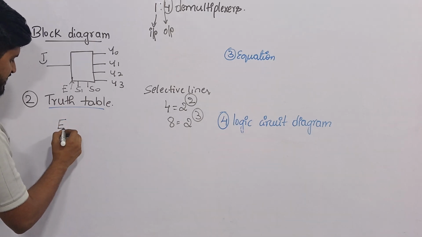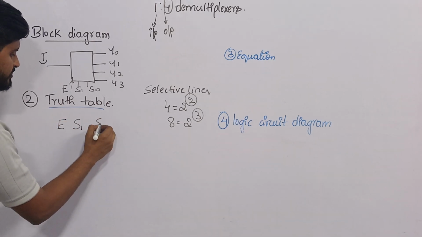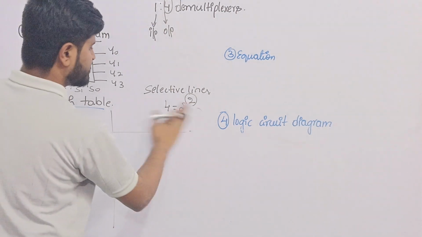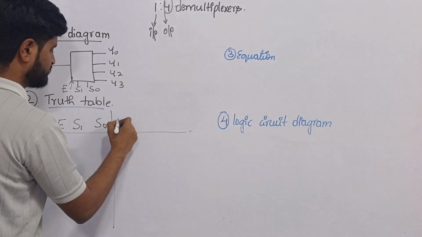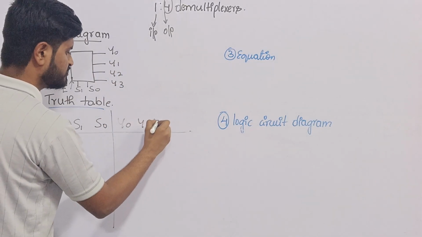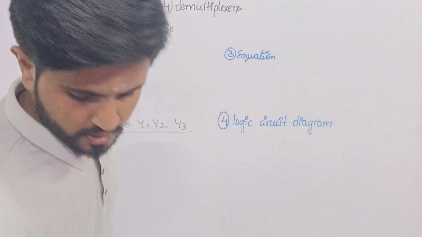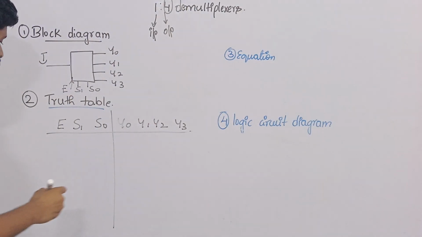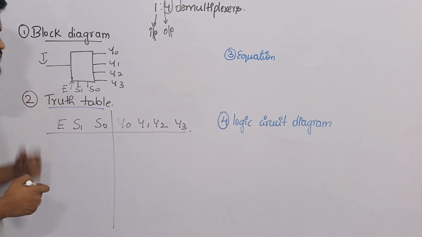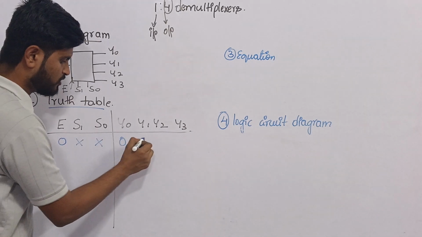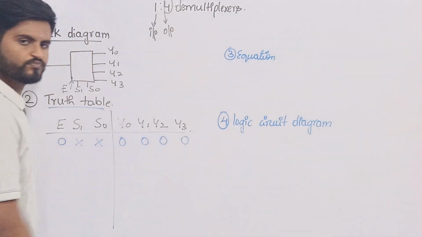So now let's write the truth table. The inputs will be enable, then S1 and S0. My outputs will be, as you see here, 4 outputs: Y0, Y1, Y2 and Y3. I earlier said that when enable value is equal to 0, no inputs and no outputs will be given.